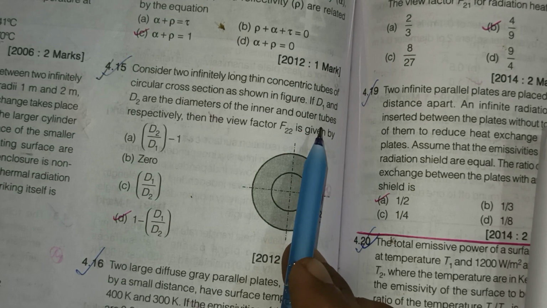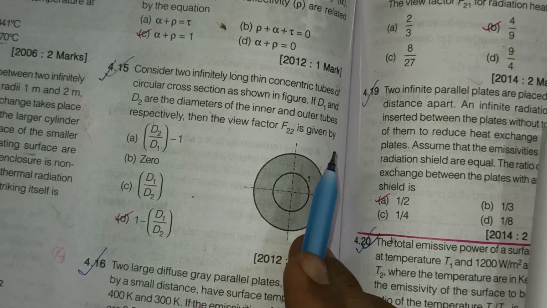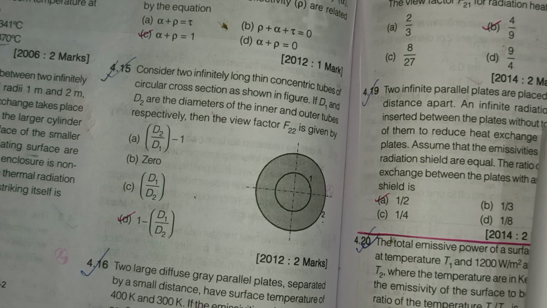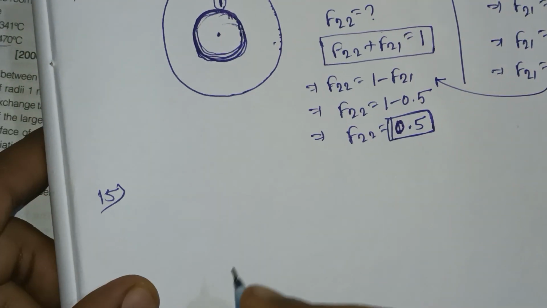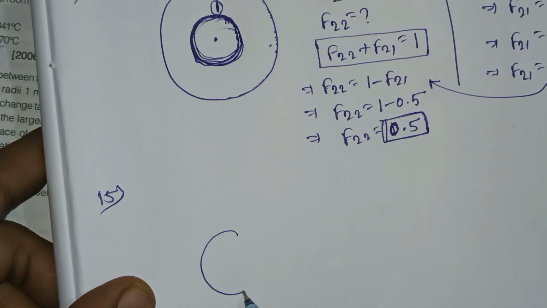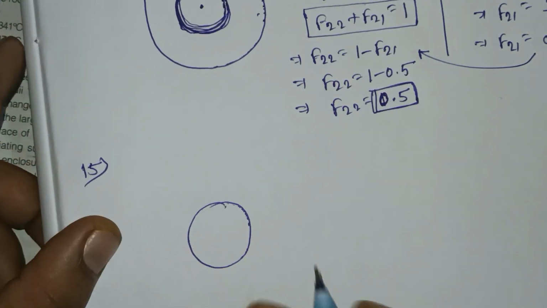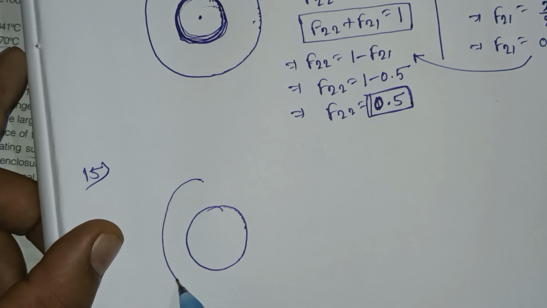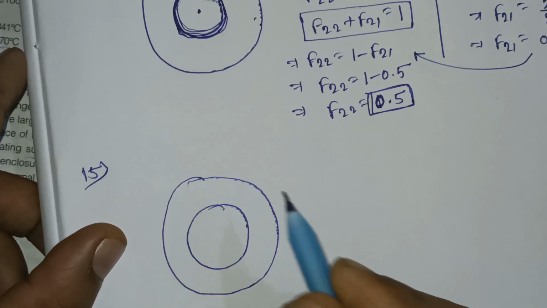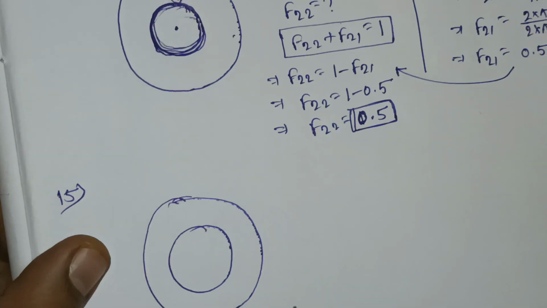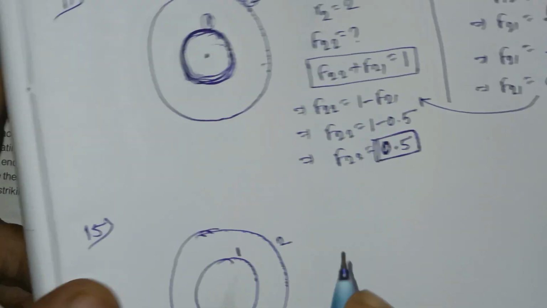This is the same question as the previous one. So what is given in this question? There are two surfaces. These are long concentric tubes, that is, long concentric cylinders. This is surface 1 and this is surface 2.